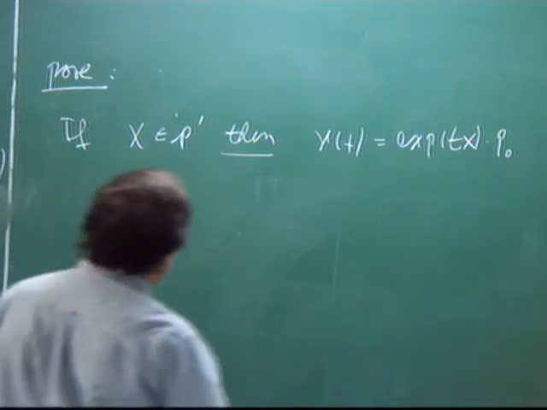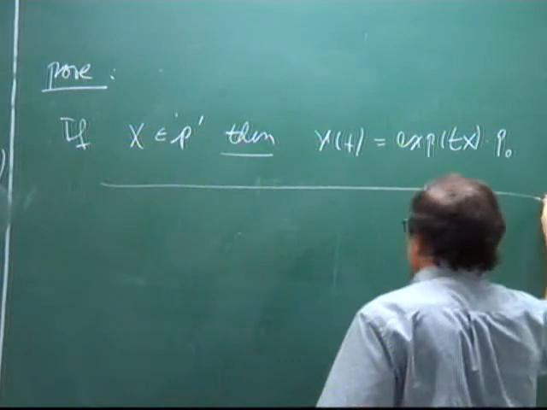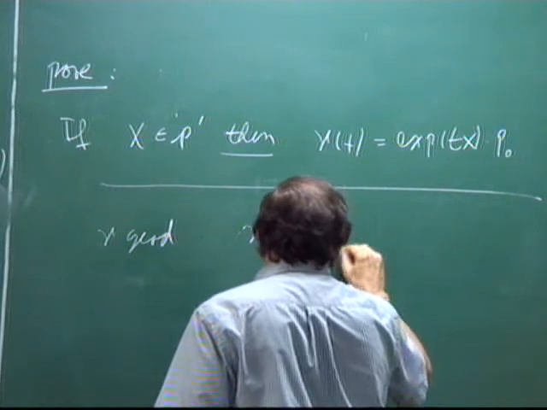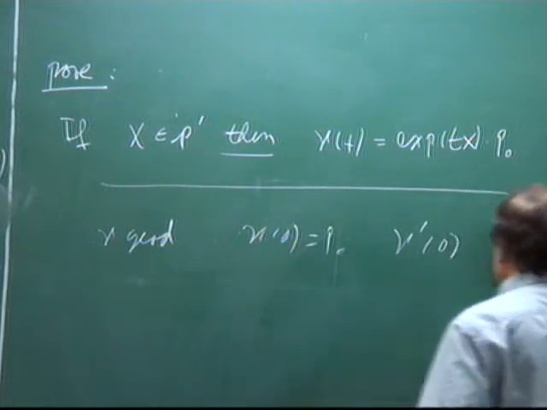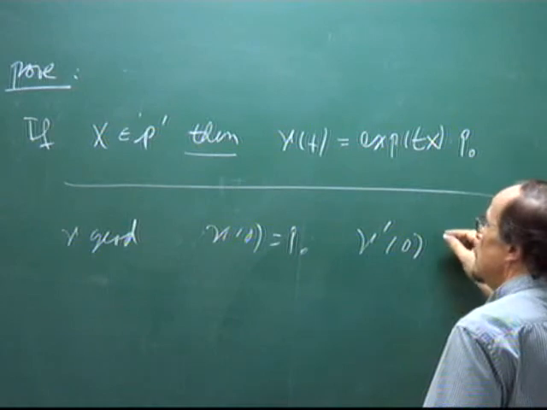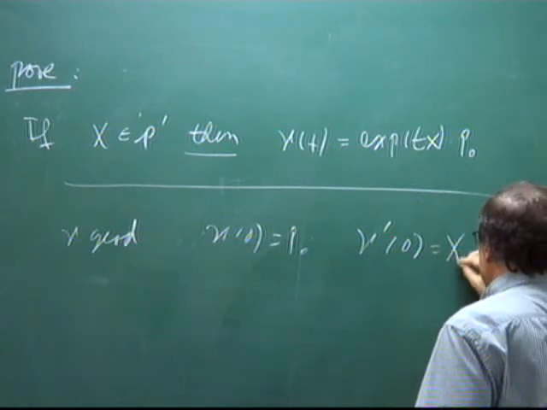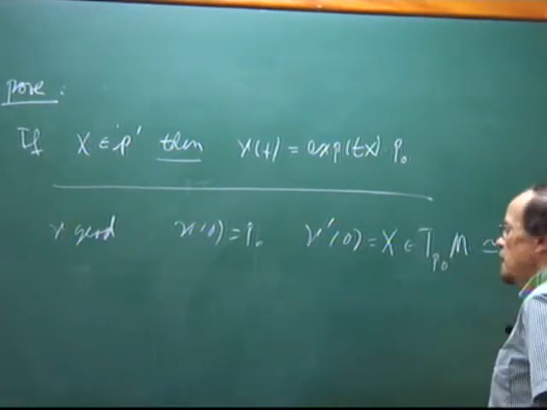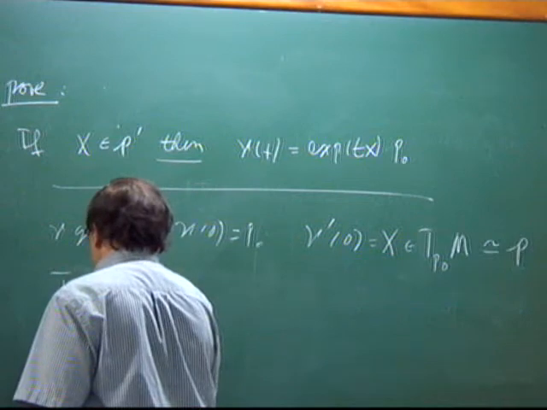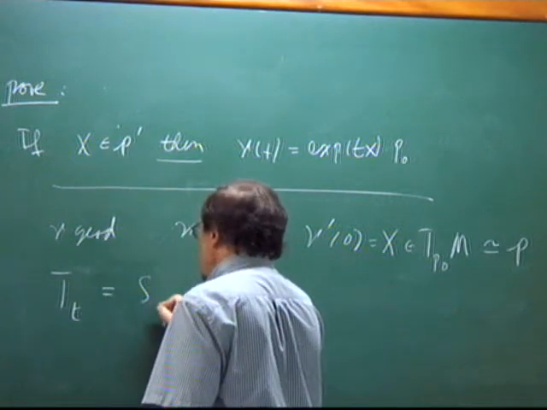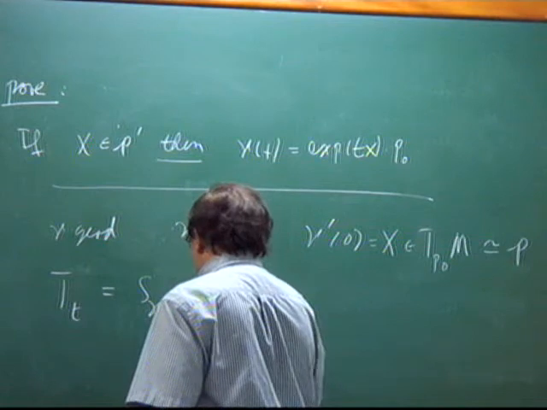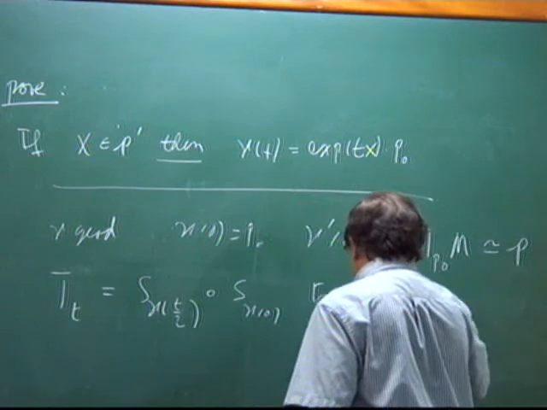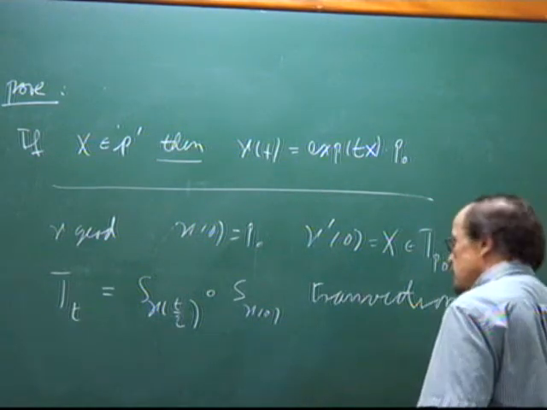Yes. So let's start with the geodesic. So gamma is a geodesic. Gamma at 0 is p naught. Gamma prime at 0 is in the tangent space at p naught. So I guess let's call it X. And I'll let T be the transvection. What was a transvection? It was a symmetry at time t over 2 composed with a symmetry at gamma 0, associated to this geodesic gamma.